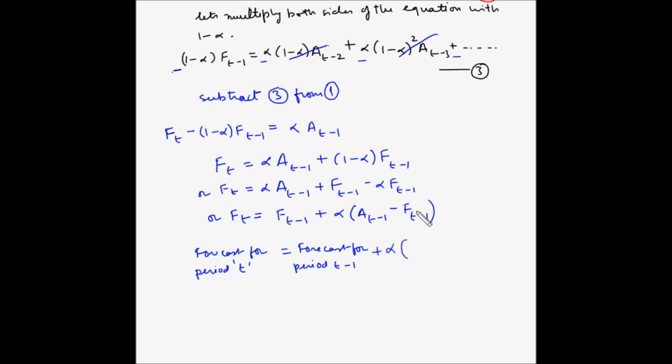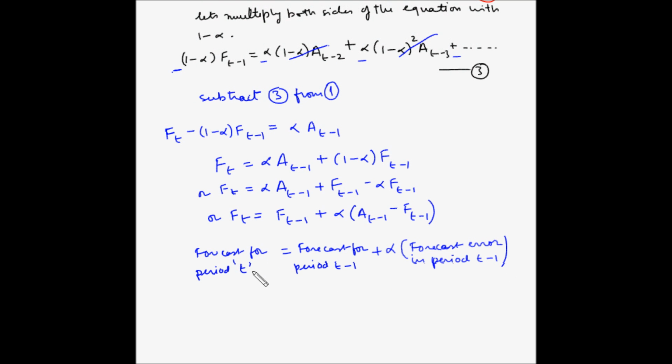So initially you would have done a forecast for period t minus 1 and then eventually you got the actuals. So this is basically trying to find out what is the difference or what is the forecast error for period t minus 1. So alpha multiplied by forecast error in period t minus 1.